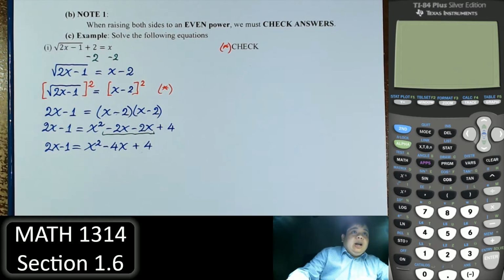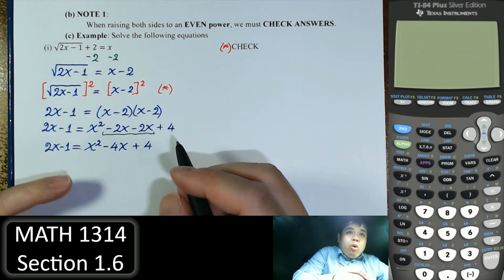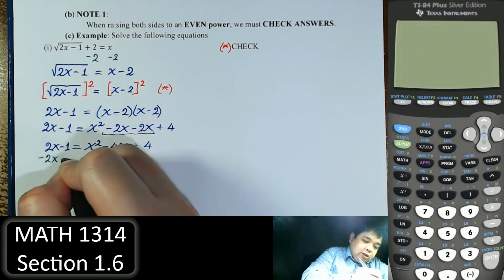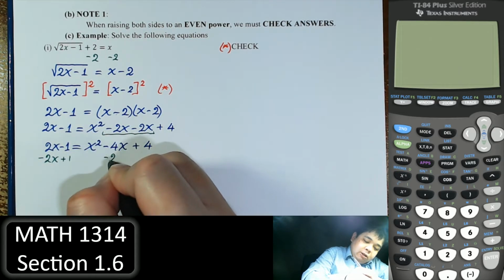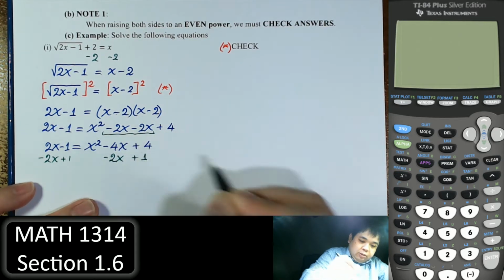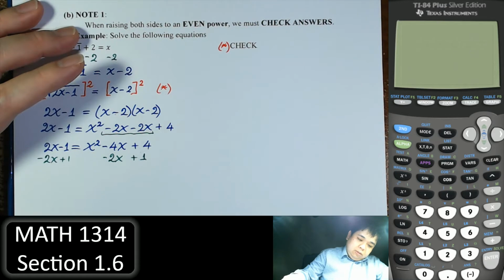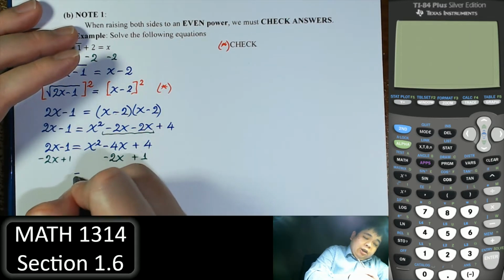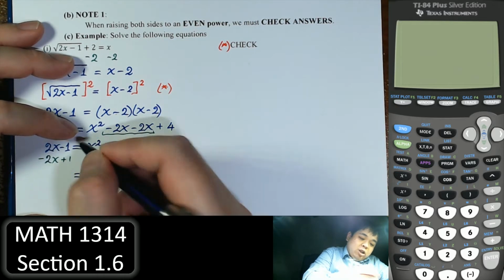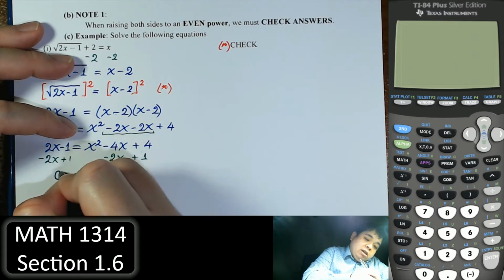Now, this is a polynomial equation. I try to move everything to one side. The reason we move to this side is because x squared has a higher power. We just want to keep it.